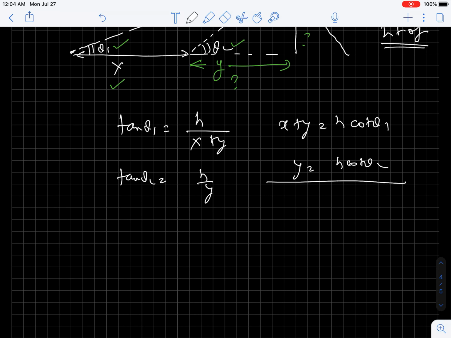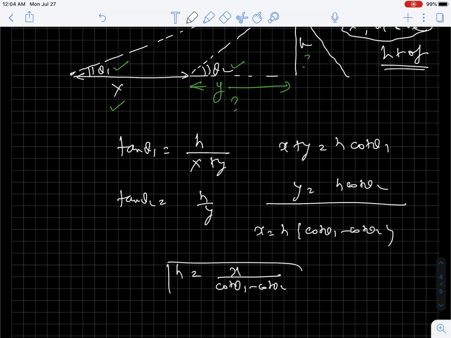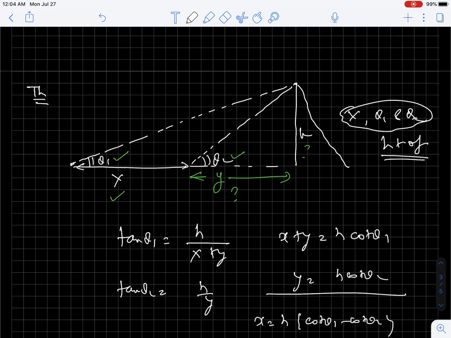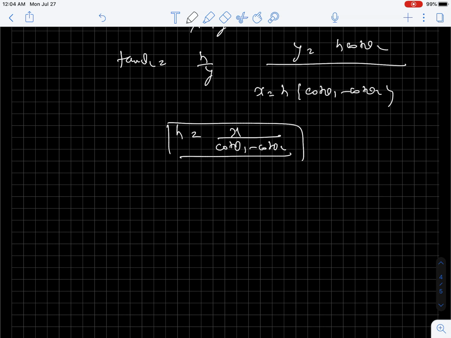Just subtract, you don't need the value of y, y cancels, then x is equal to h times cot theta 1 minus cot theta 2, then h is equal to x divided by cot theta 1 minus cot theta 2. This is a simple relation that is converted into many problems. You will find n number of problems in NCERT examples and other books based on this.